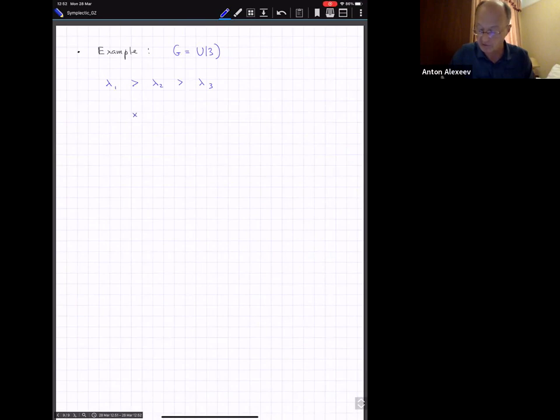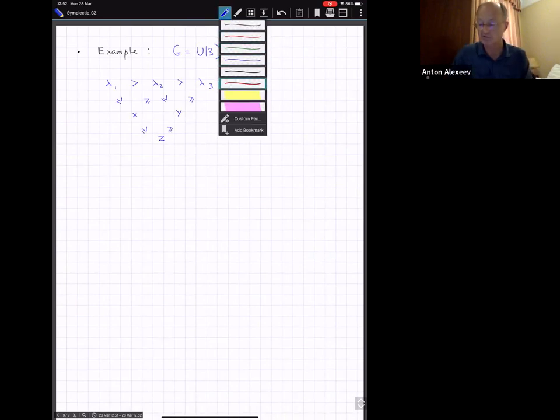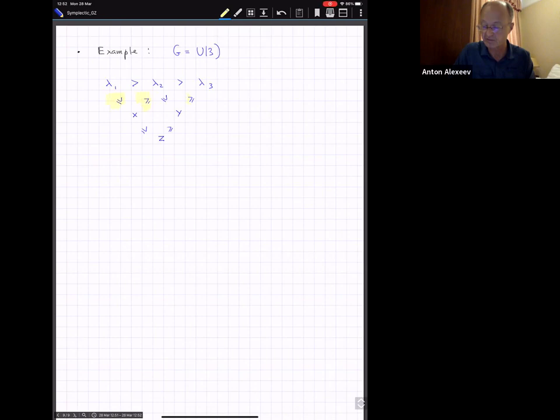Let me denote the elements in the Gelfand-Zetlin tableau by X, Y, and Z. So I have 6 inequalities. Let me denote the corresponding polytope by delta lambda. And it turns out it is not Gelfand.